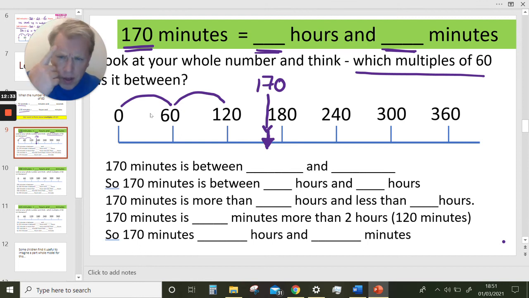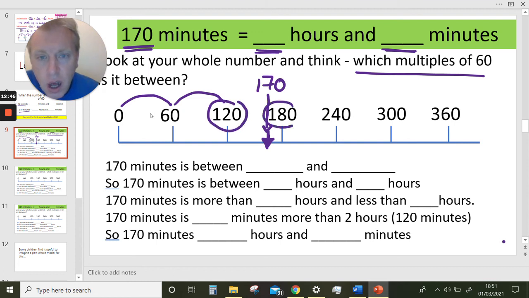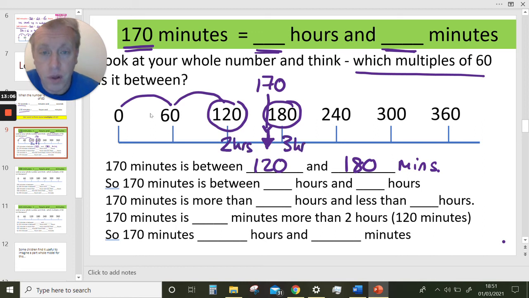So we've got to think to ourselves, 170 minutes is between which multiples of 60? Well, look, it's between 120 minutes and 180 minutes. And that means it's between 2 hours and 3 hours.